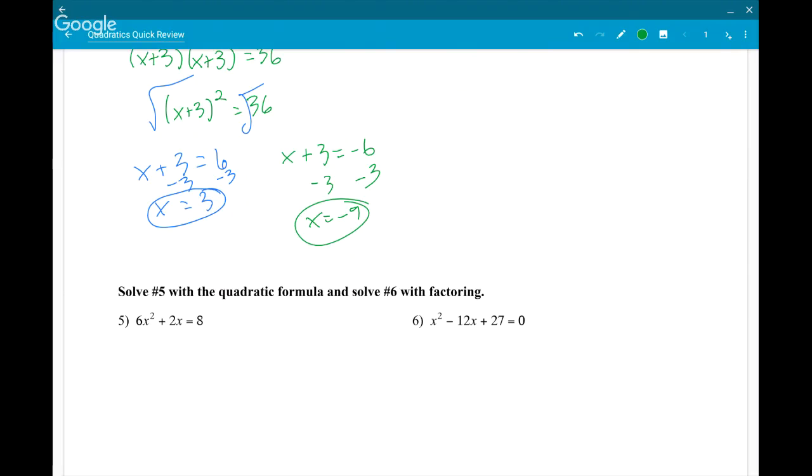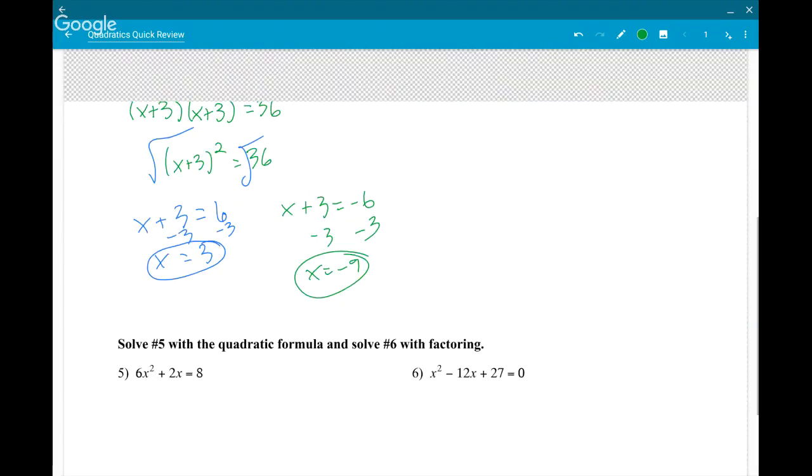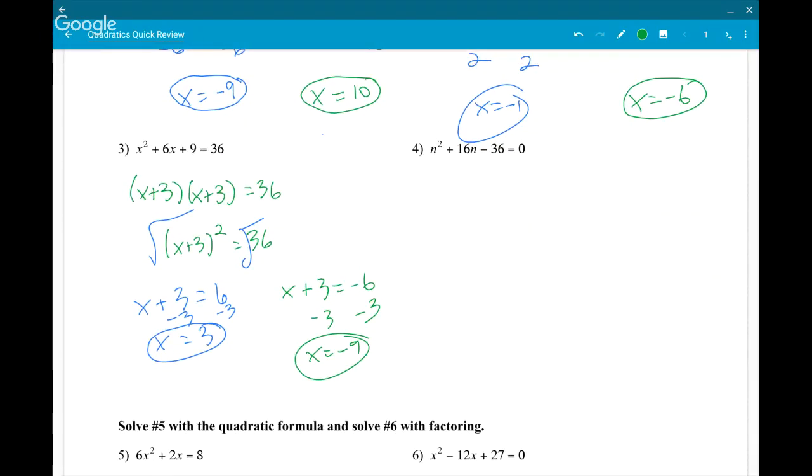Now, for our next one, I'm going to show you two different possibilities for how you could handle this one, because I think they both make sense for different reasons.